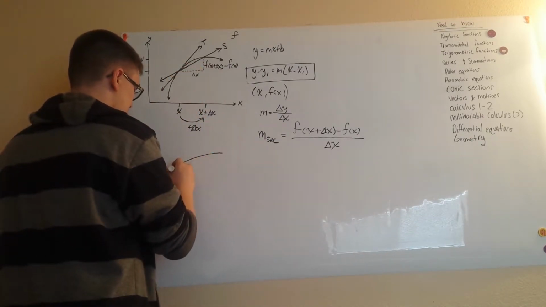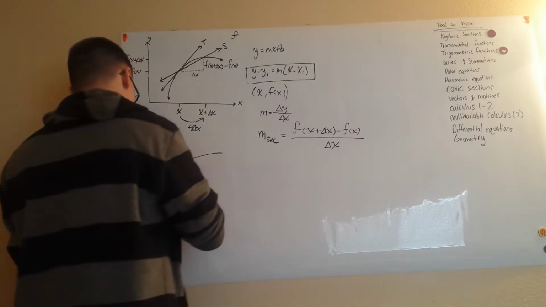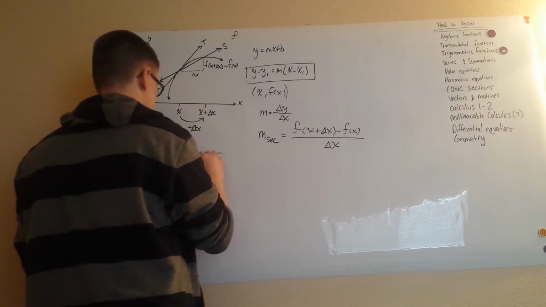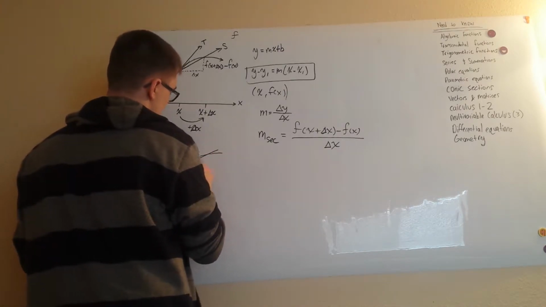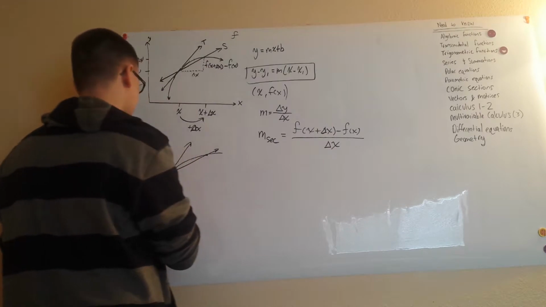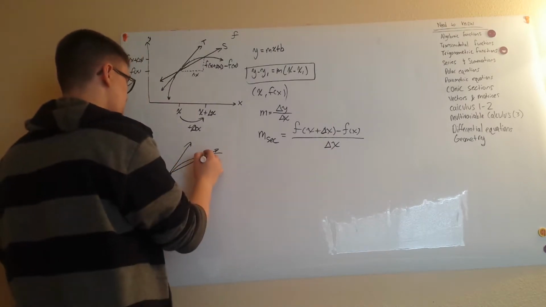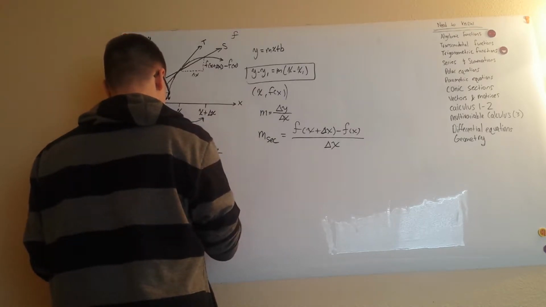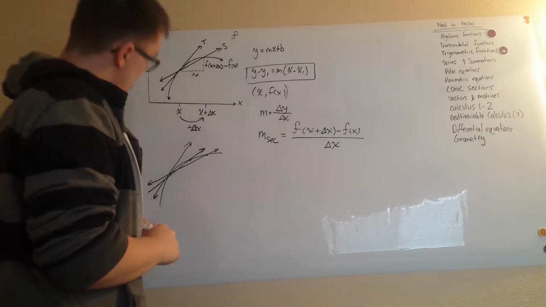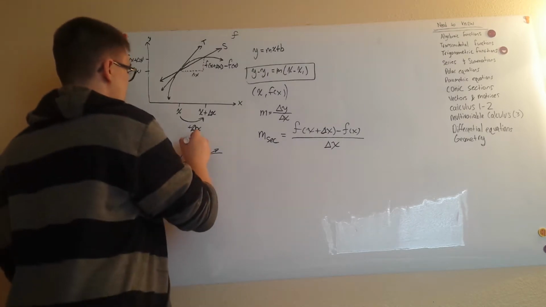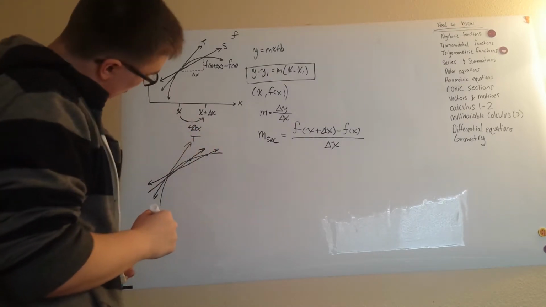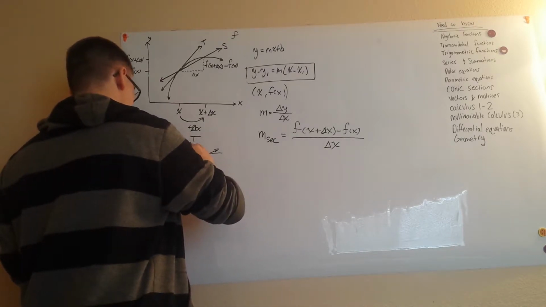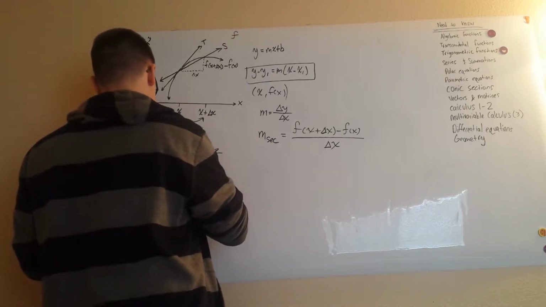Well, we have a tangent line, right? We have the secant line. We can make it more accurate by moving this point more closer. Now we have this secant line. So this is the tangent line, right? And if we even want to, we could make it even more closer.